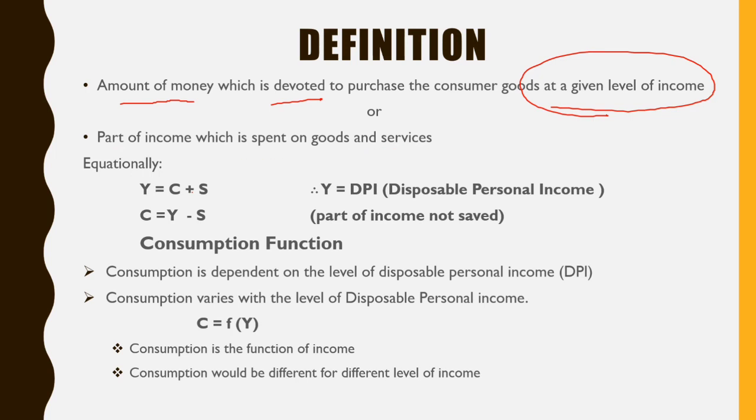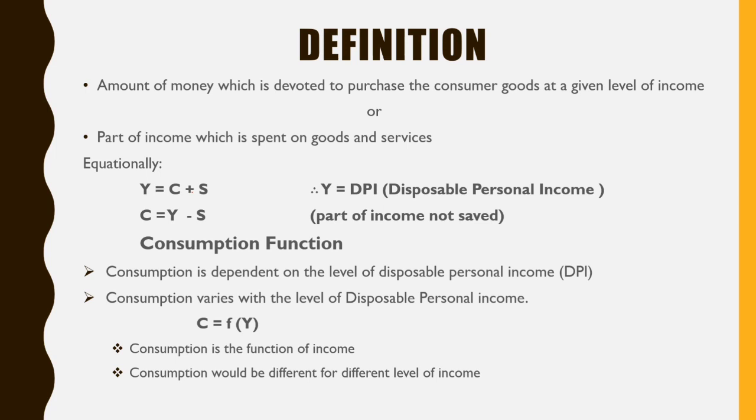In order to derive the equation for consumption, we would go back towards the equation for disposable personal income. As we know, disposable personal income is the income that is available for spending, and a household or a person can divide it into consumption and saving.